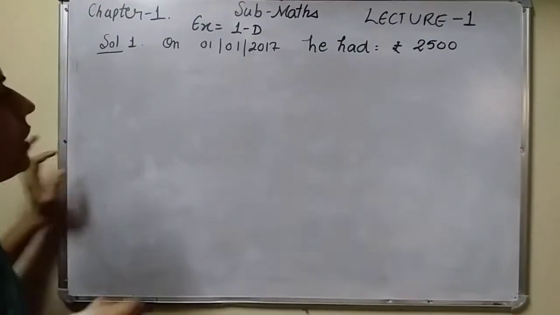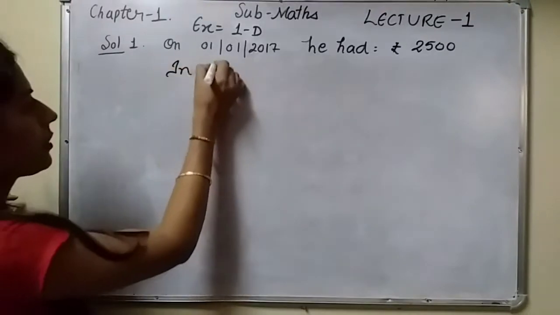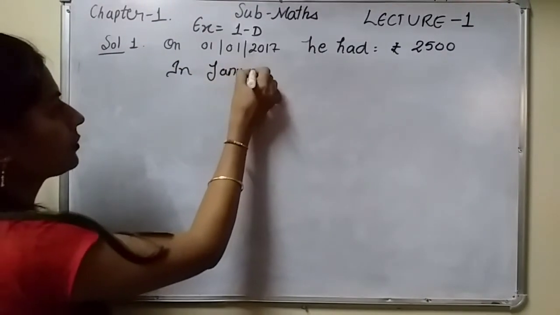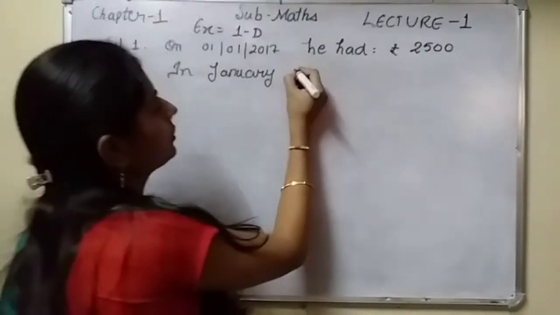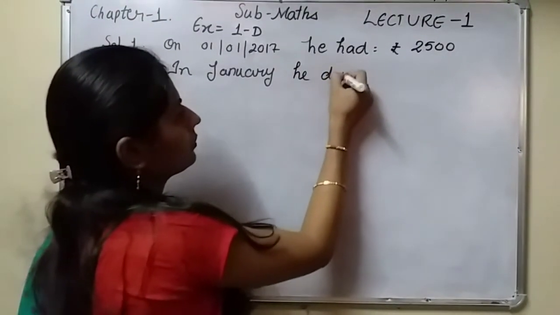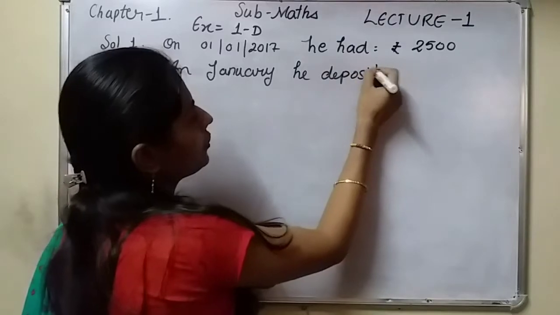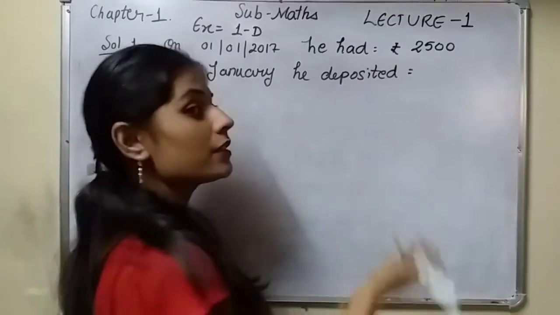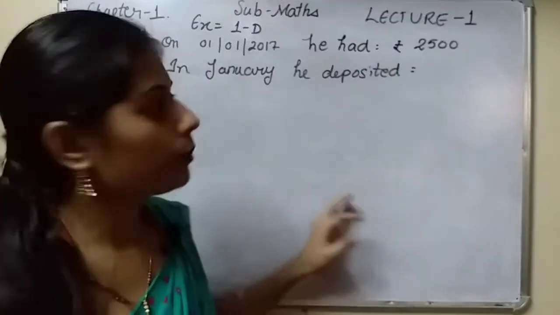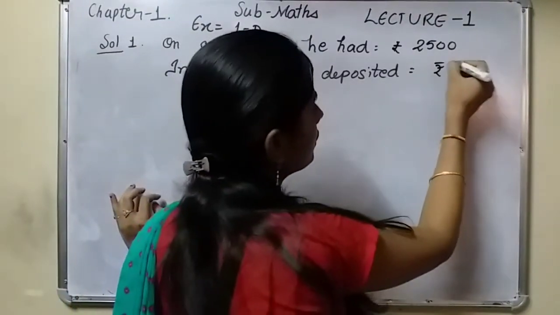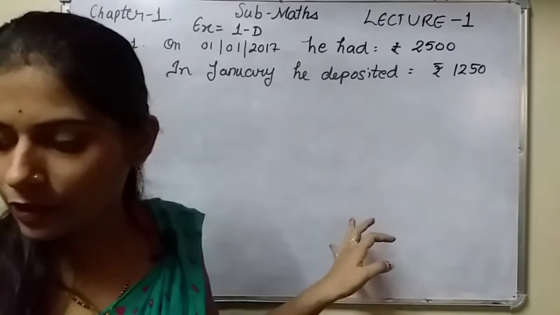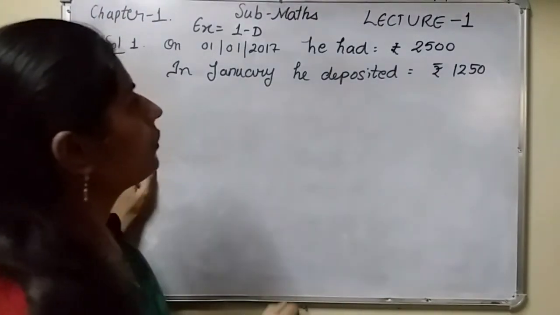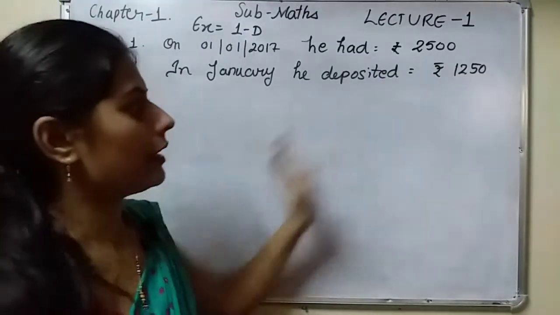Now in January he deposited. How much rupees did he deposit? Rupees 1250 he deposited.